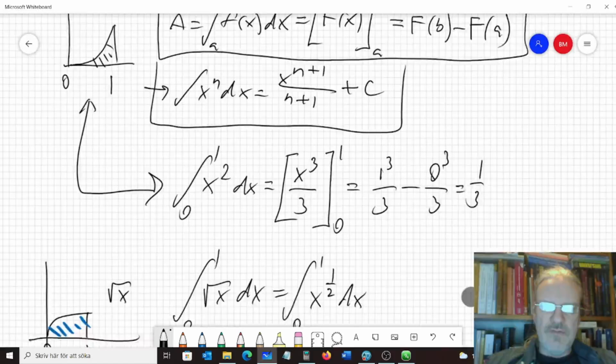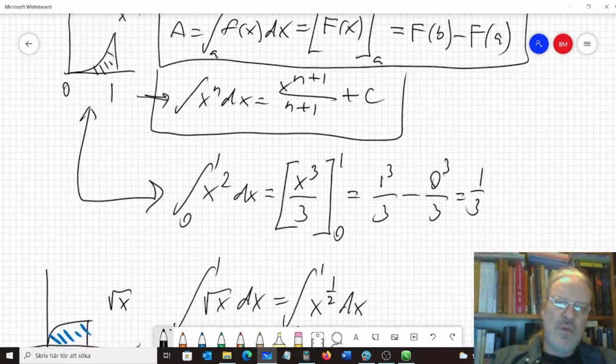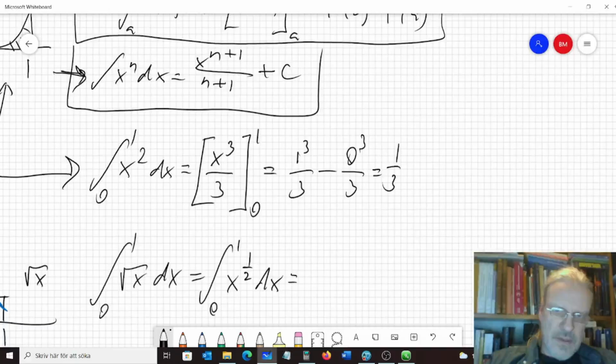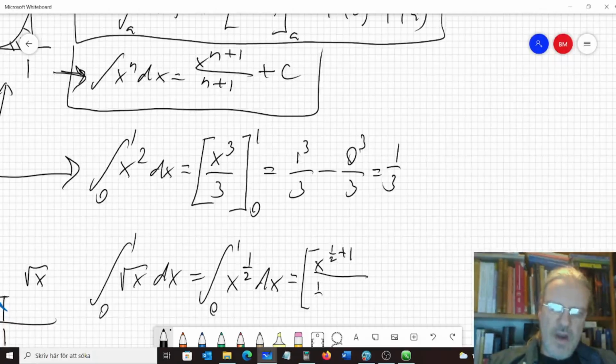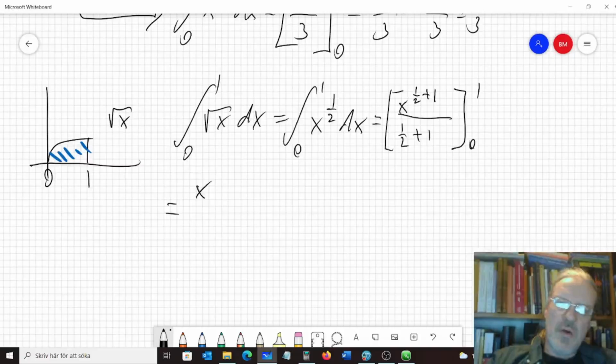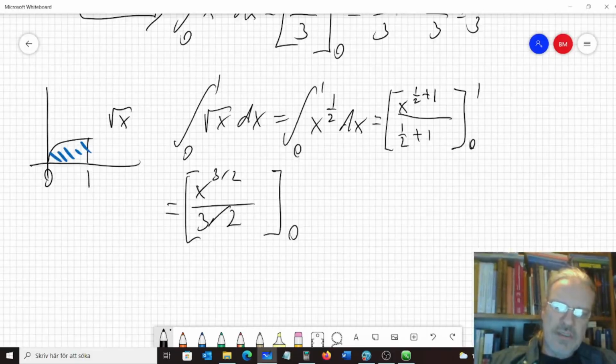And now we should follow this rule again here, but with n being 1/2. So we can see that that will become x to the power of 1/2 plus 1 divided by 1/2 plus 1 from 0 to 1, or x to the power of 1/2 plus 1, that is 3/2, right? Divided by 3/2. And yet again from 0 to 1.